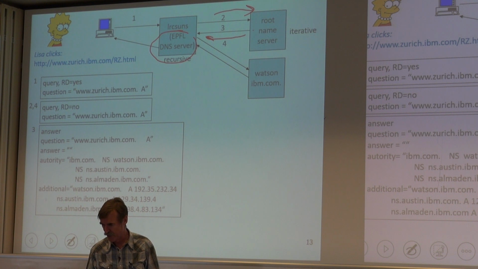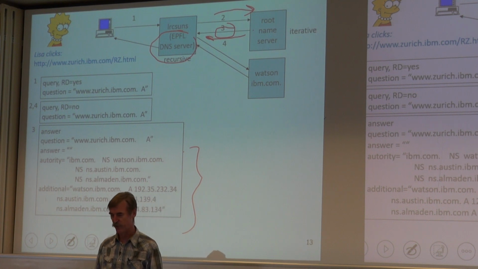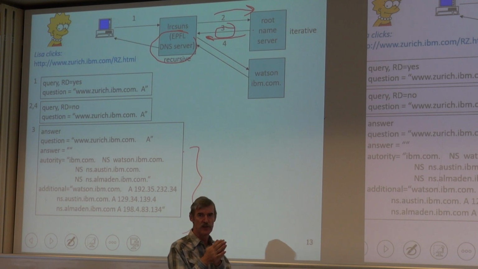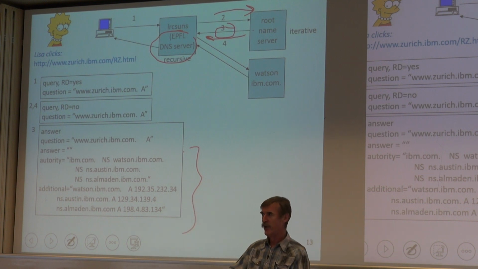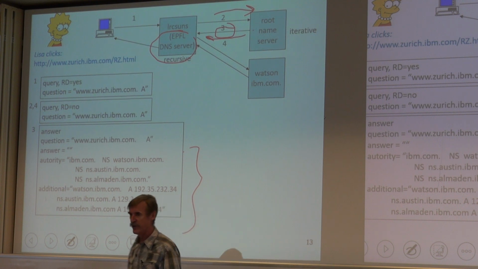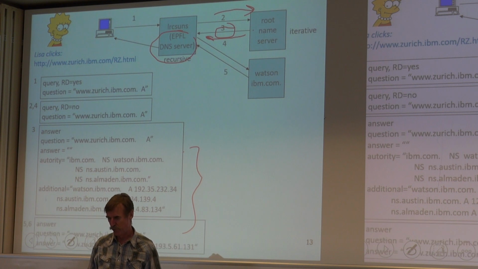So number 3 was the answer from the root name server that contained the IP address of a few IBM servers. So the root name servers, as we can see, don't contain all the information. All they contain is the information about the level that's just below them, which are the IP addresses of DNS servers of the level just below the root.